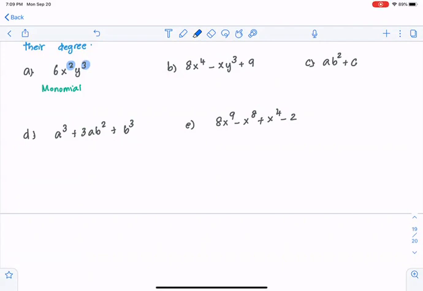The biggest power is the degree if you just look at multiple terms. But here we just have one term, and the power of x is 2, the power of y is 3. So 2 plus 3, the degree is 5.